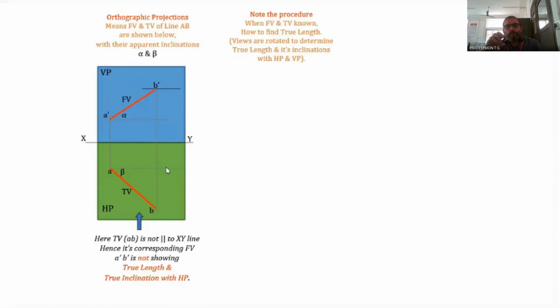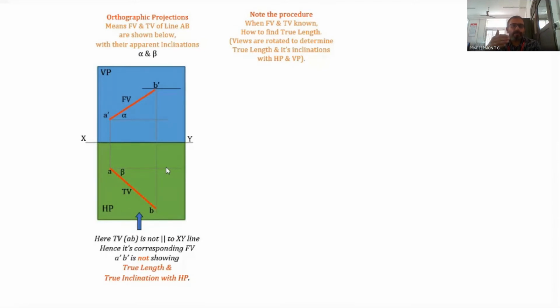Why doesn't the length of the top view change when we rotate it? I will show you how the length of the top view doesn't change even when the inclination with the VP changes.